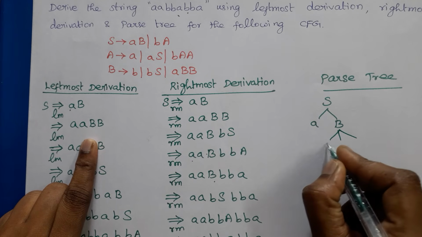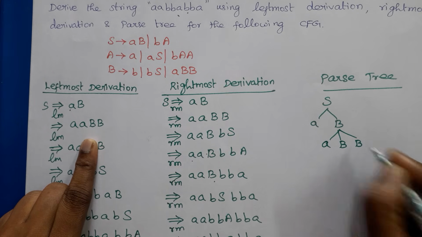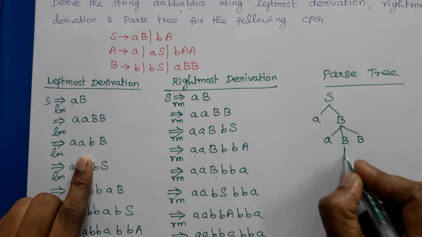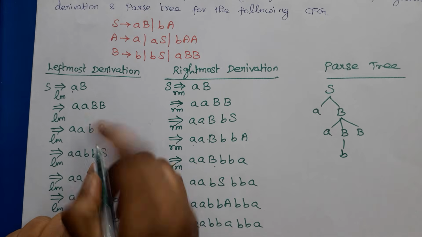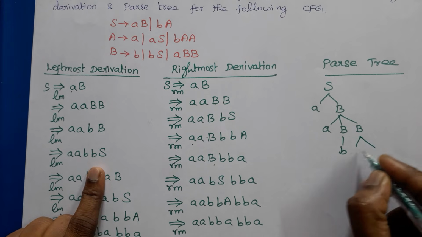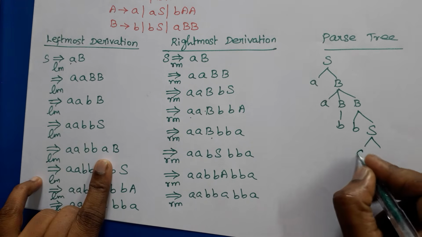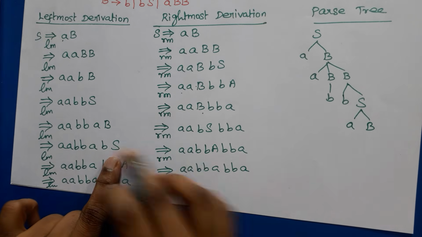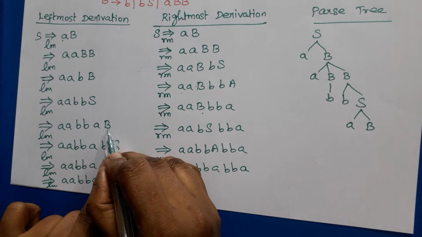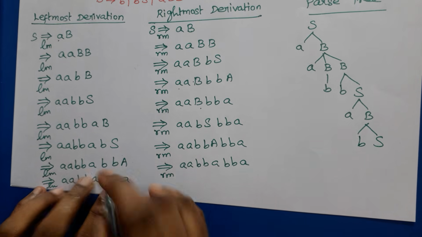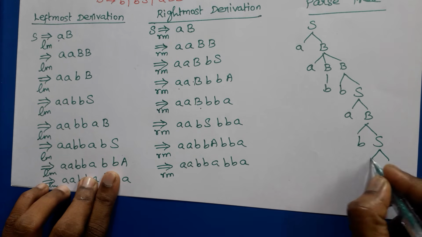So I'm going to substitute this. Then this B is replaced by b. Then in the next step, this B is replaced by BS. Then S is replaced by AB. Then this B is replaced by BS. Then this S is replaced by BA.